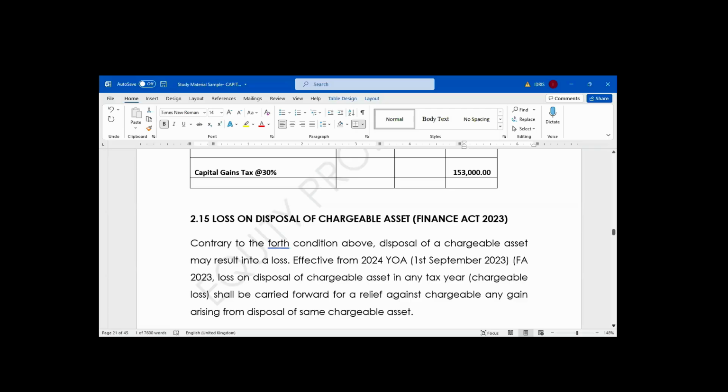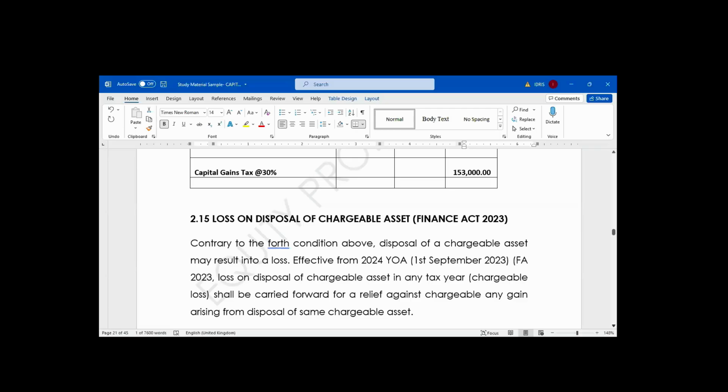Finance Act 2023 is now saying when you dispose of a chargeable asset and you made a loss, that capital loss, you can carry it forward for a future year. You can carry it forward and relieve it against any capital gain arising from disposal of same chargeable assets.